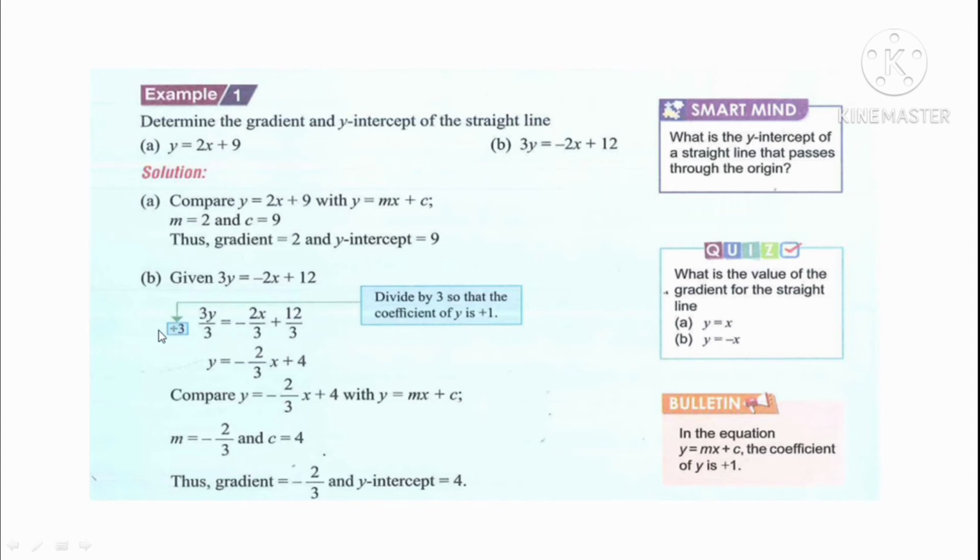After dividing all of this, it will be y equal to -2 over 3 x plus 4. So you have to compare y equal to -2 over 3 x plus 4 with the original formula, which is y equal to mx plus c. So the gradient would be -2 over 3 as it represents the m, right? And c will be 4 as it represents the y-intercept.